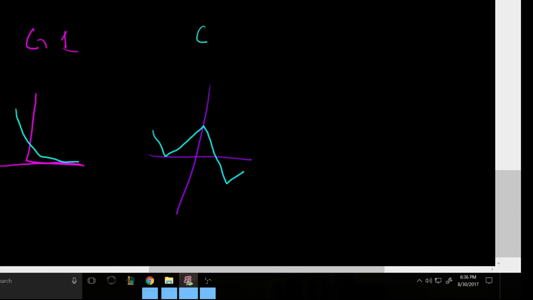And that was graph 2. And graph 3 looked like this.